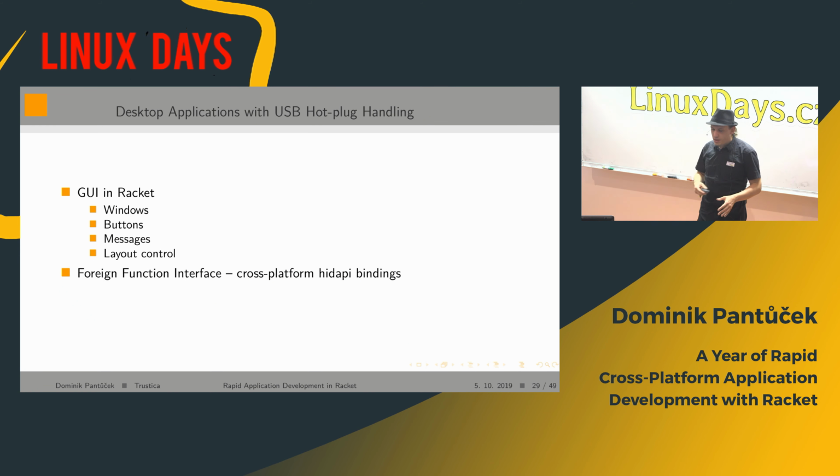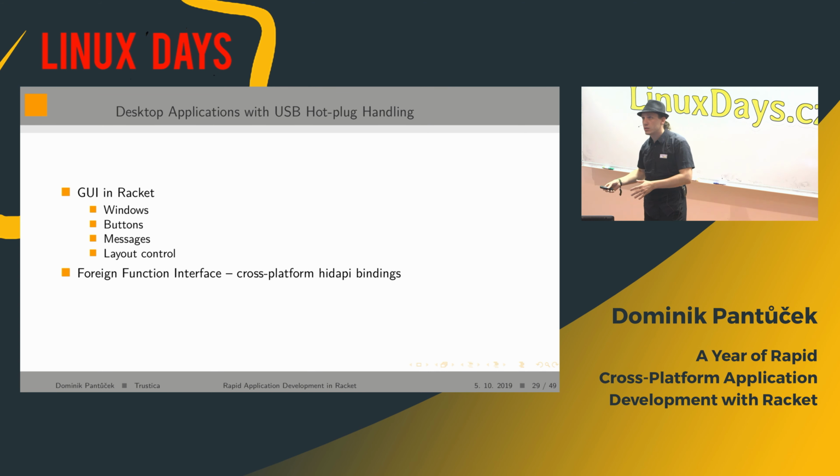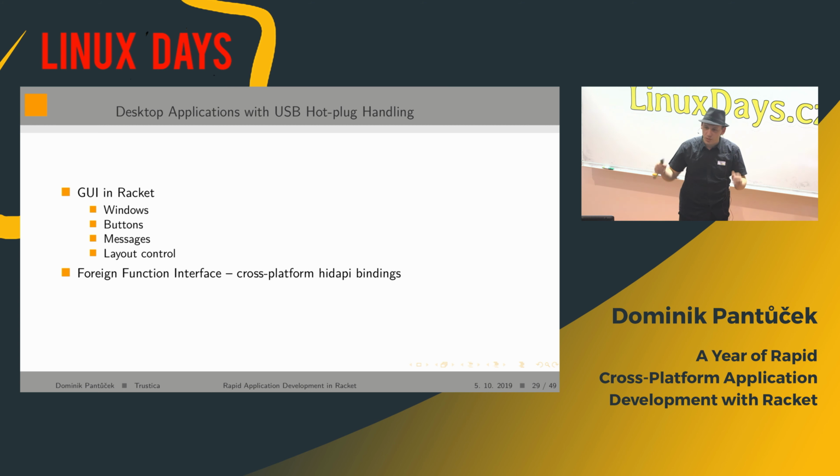Now, second topic, desktop applications. As I mentioned, you can do GUI in Racket. It's cross-platform. You can use it on GNU Linux, you can use it on macOS, even on Windows. And another thing, we are using a foreign function interface. For most of the libraries you are used to in C or C++, you don't need to write extensions in Racket.